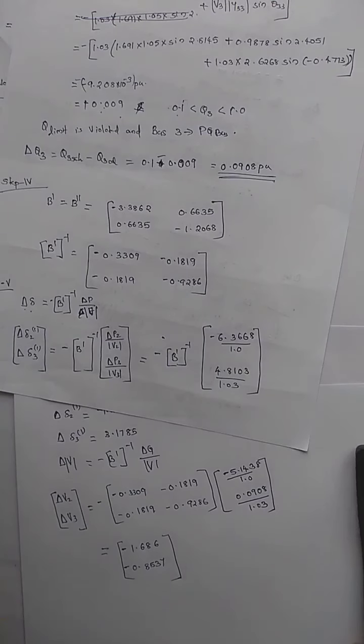These are the two matrix values I got for my delta E value.